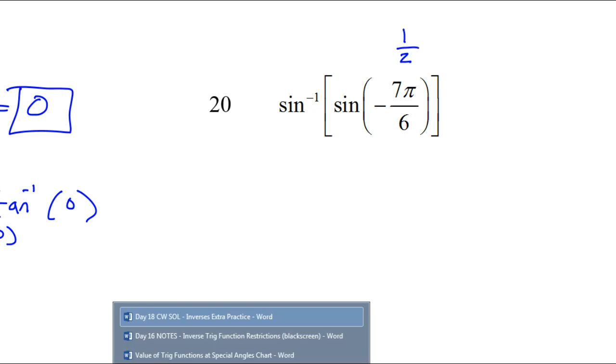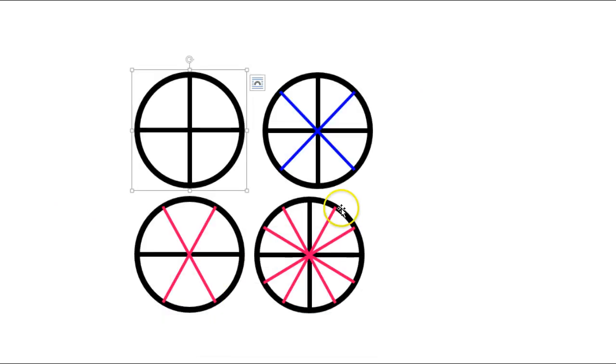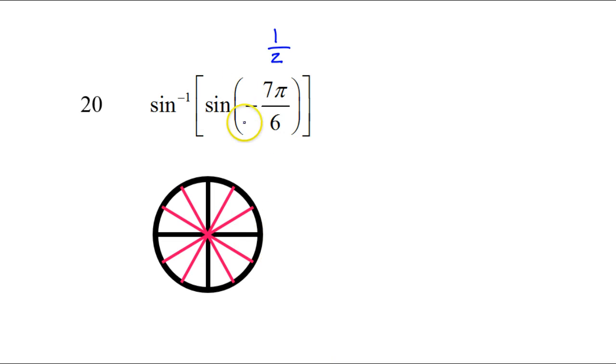To be sure about that, I need to look at a unit circle. Negative 7 pi over 6. Well, this would be negative 6 pi over 6. Negative 7 pi over 6 would be right here. The sine function is a y value on the unit circle. Y values are positive above the x-axis, so positive 1/2 is what I want.